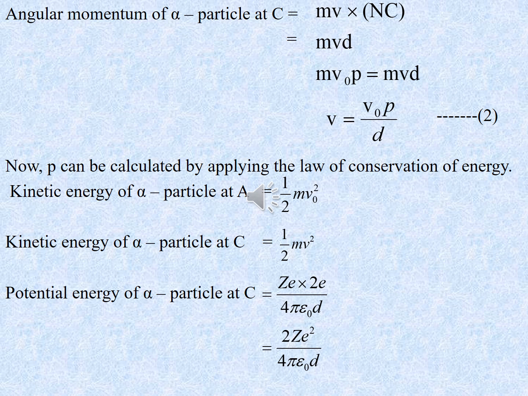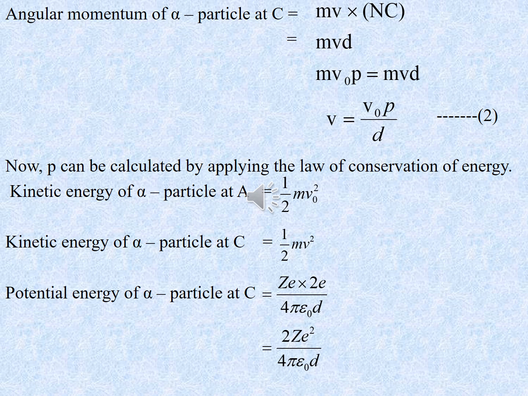Now d can be calculated by applying the law of conservation of energy. Here the alpha particle is moving along a hyperbolic path ACB, so we use the law of conservation of energy. Kinetic energy of the alpha particle at A is half m v naught square. Kinetic energy at C is half m v square.